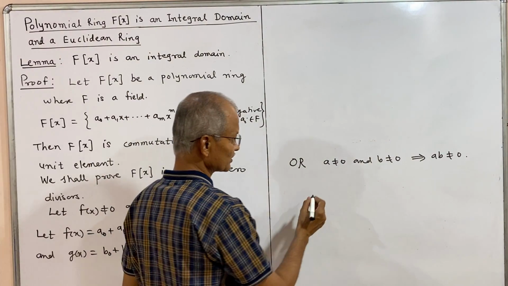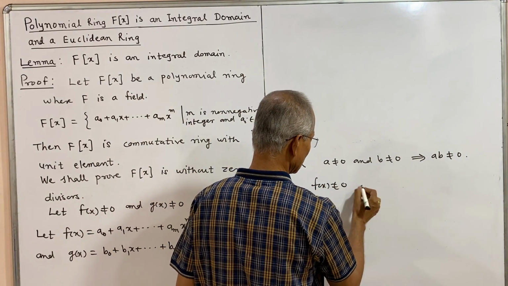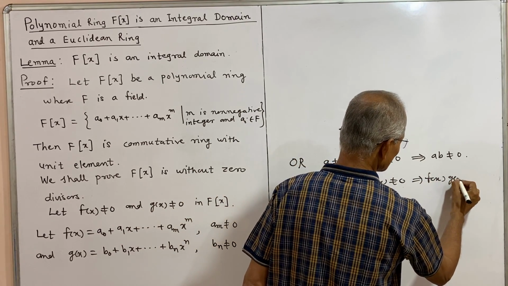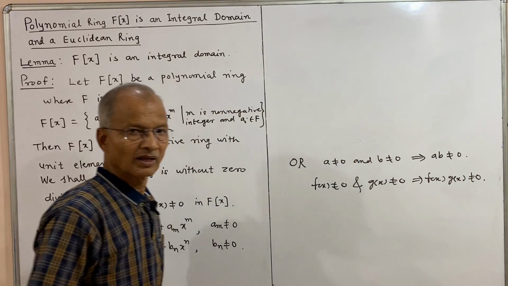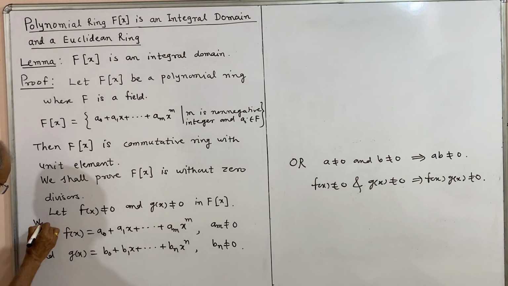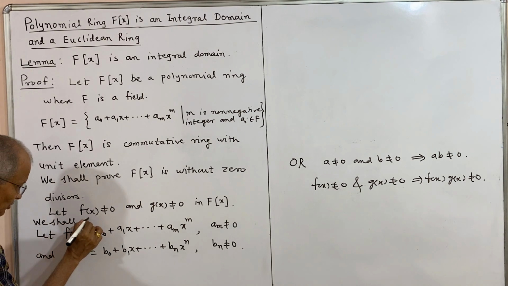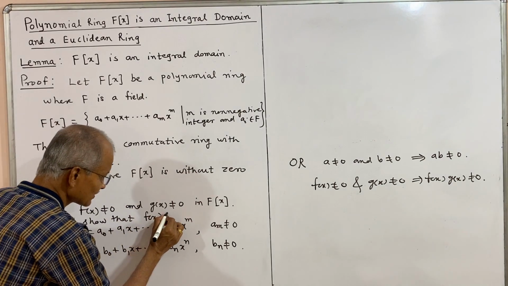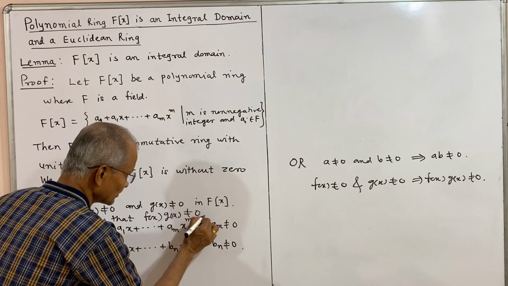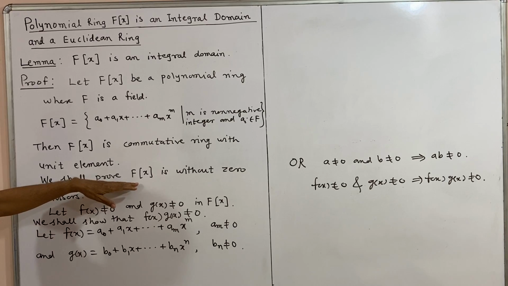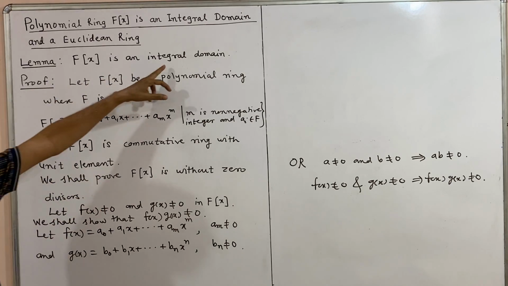So we need to prove that f(x) not equal to 0 and g(x) not equal to 0 implies their product f(x) into g(x) is not equal to 0. So this we shall show. Then we will get the result that F[x] is without zero divisors and it becomes an integral domain.